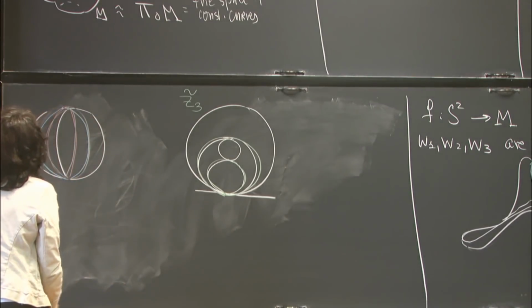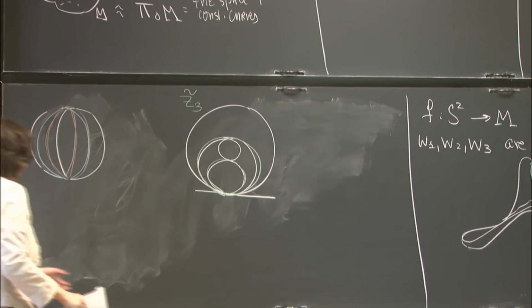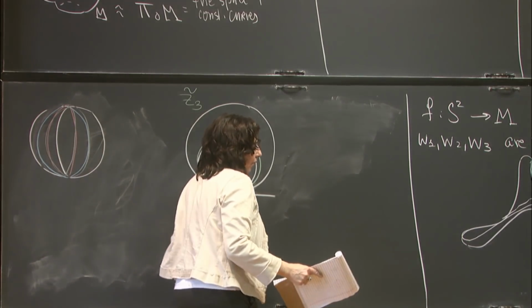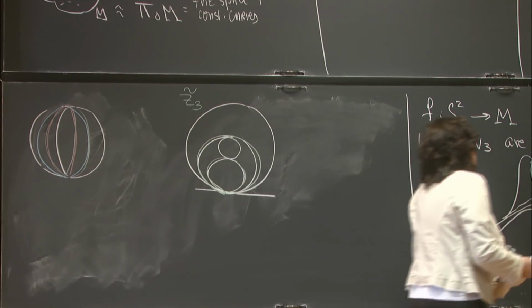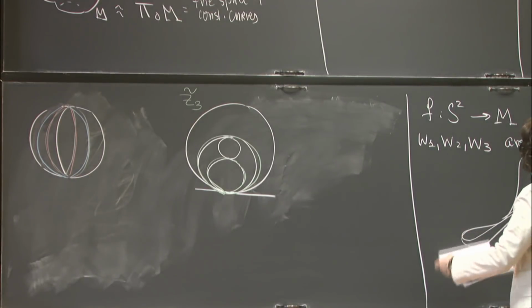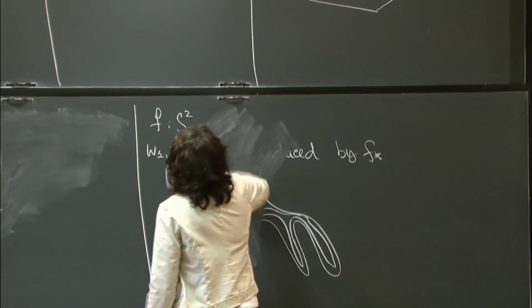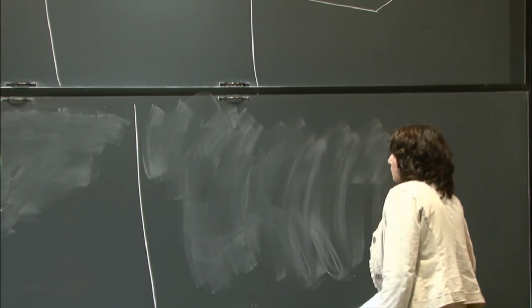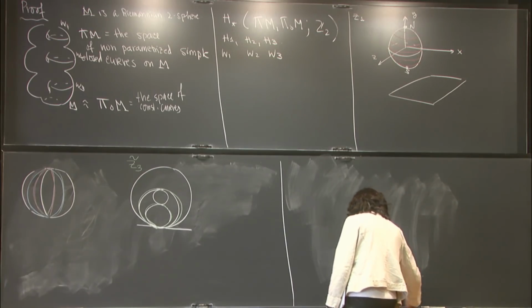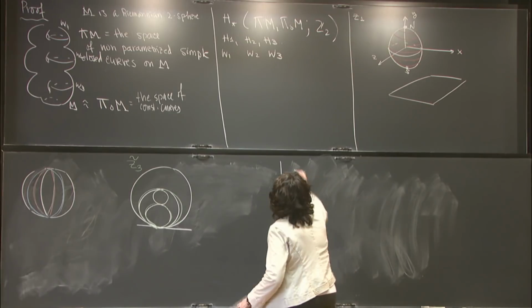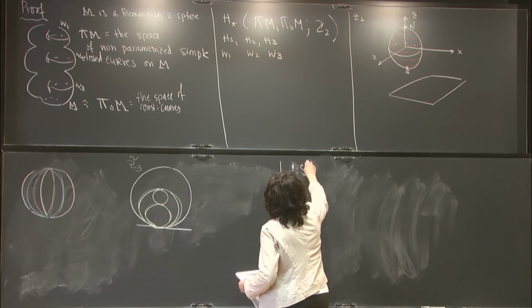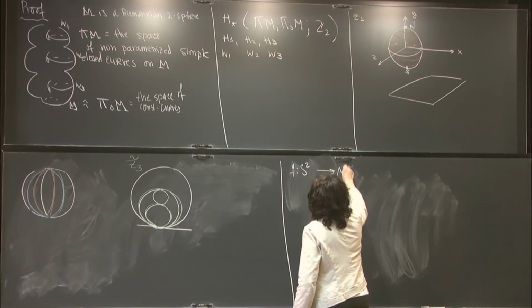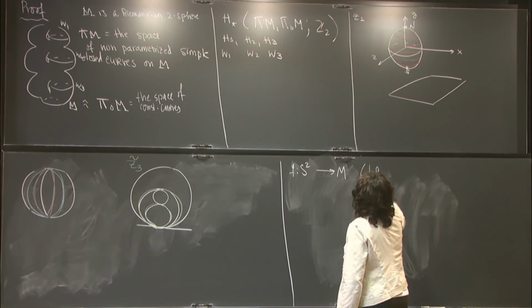Okay, and so notice now, of course, this is a standard 3 sphere, but what I'm interested in is M. So let me look at my map F from S2 to M, a diffeomorphism, again.